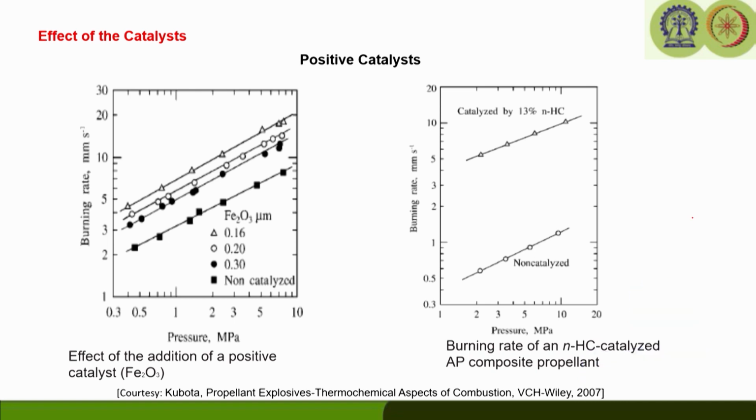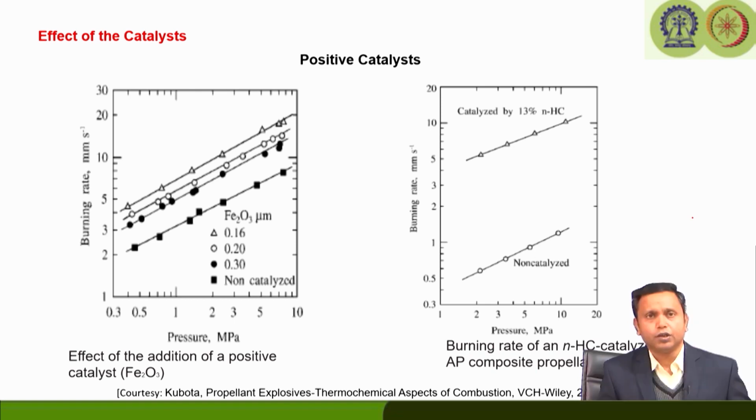There are certain oxides of iron, like Fe2O3, that influence the burn rate as we increase the pressure. Other oxides of iron, like Fe3O4, are used as burn rate modifiers, and since they increase the burn rate with respect to pressure, they are termed positive catalysts.